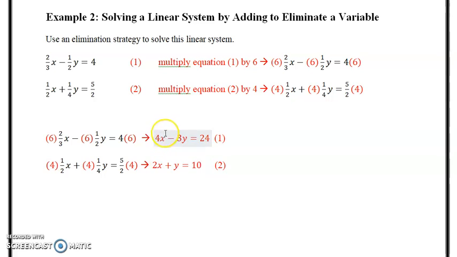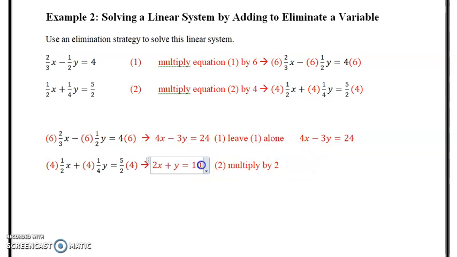You'll notice again that the coefficients aren't the same. So the first equation, we'll leave alone. Leave equation 1 alone. And the second equation, we're going to multiply by 2. The reason we multiply by 2 is then we'll have that x as a 4, and we're all set.